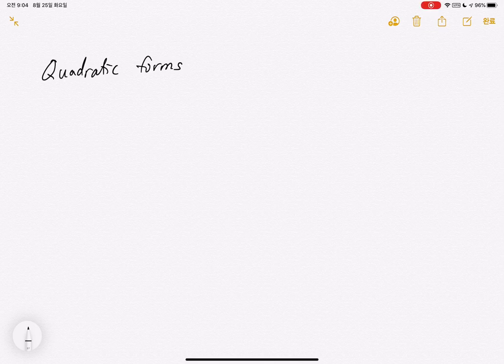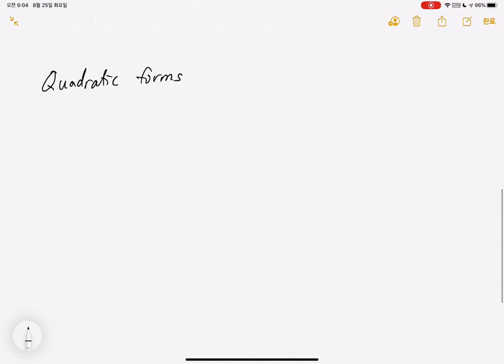Okay, next topic is the quadratic forms. The definition of quadratic forms is this. Let's just use the simplest case. Consider a two-dimensional vector x, so your x is x1 and x2.